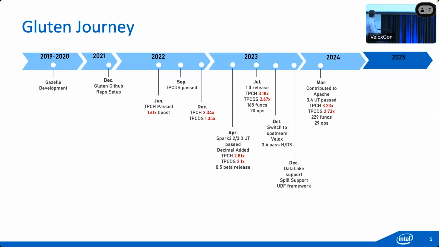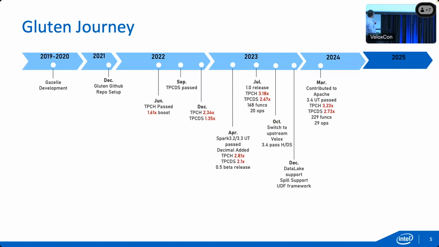That's 2022. Then in April 2023, we got the Spark 3.2 and Spark 3.3 UTs all passed. It's the first step to get the stability of Gluten, because without the UTs many queries will fail.